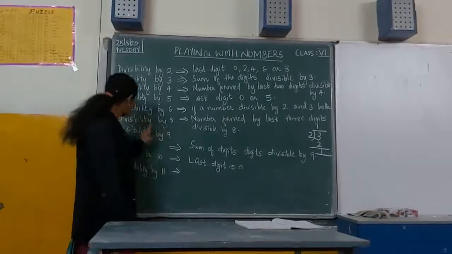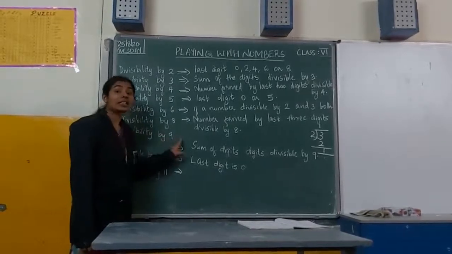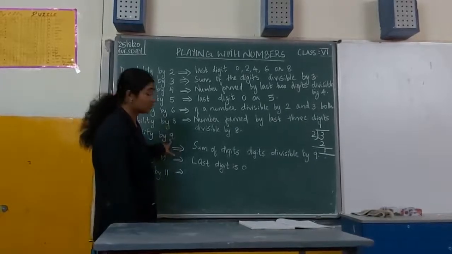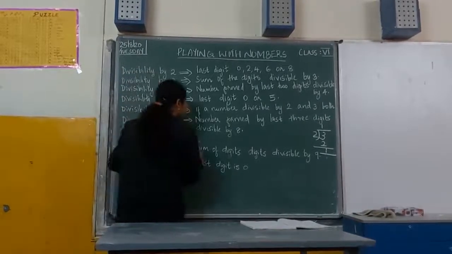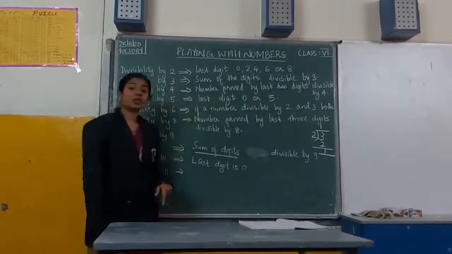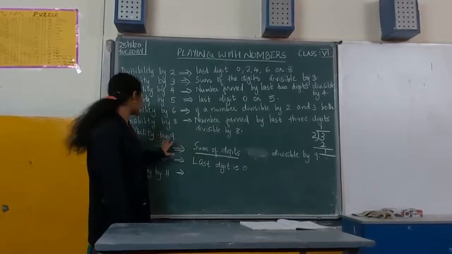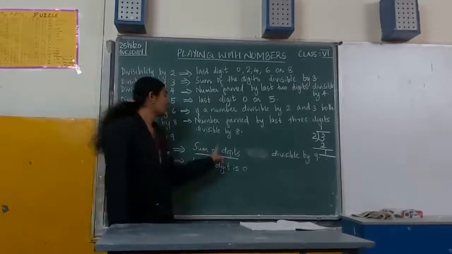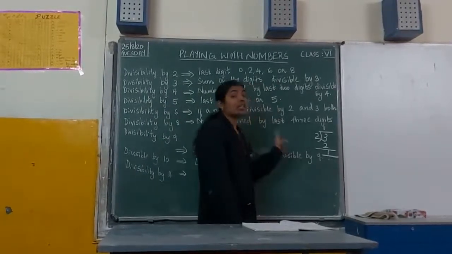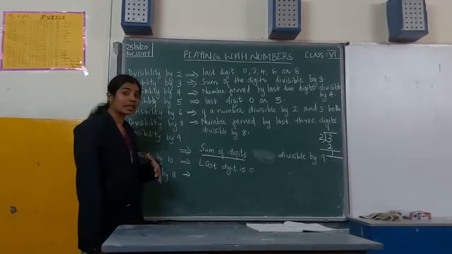Last one more two. See, divisibility by 9. How to check the divisibility by 9? What is the rule? The sum of digits should be divisible by 9. When you are given a number, take the sum of the digits, and if it is divisible by 9, then we can say the given number is divisible by 9.